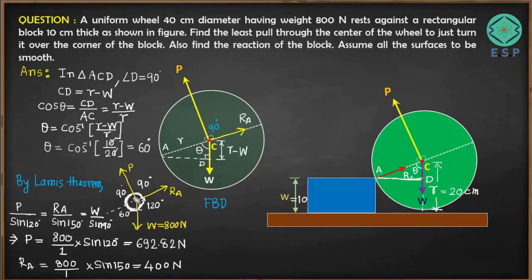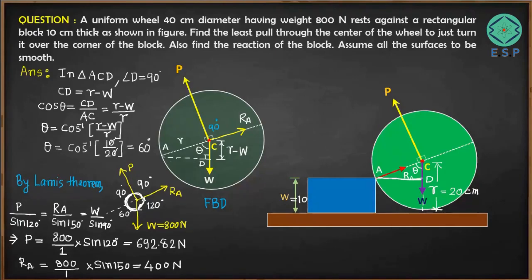So just by using Lami's theorem and by basic geometry, okay, you can easily find out the value of the reaction at point A and the pulling force which is required to just rotate this particular wheel, which is having a weight of 800 newtons, okay. This is a simple application of Lami's theorem.